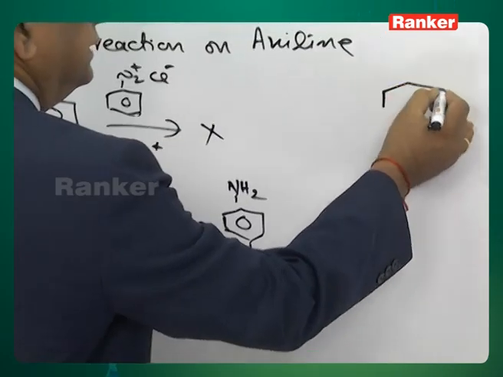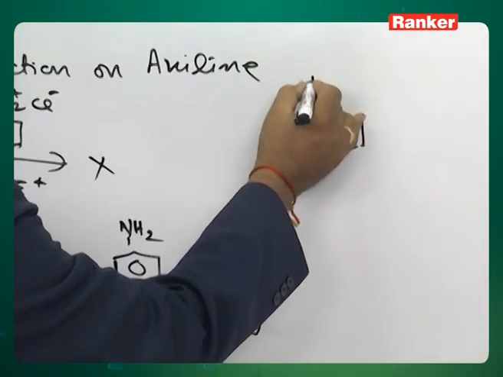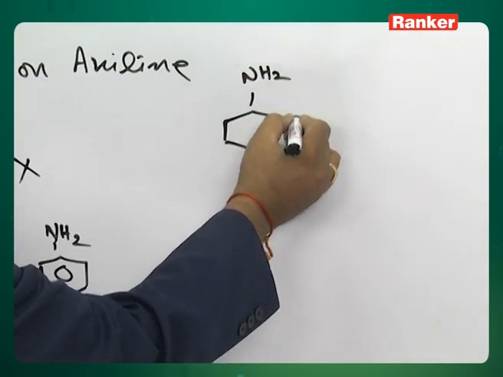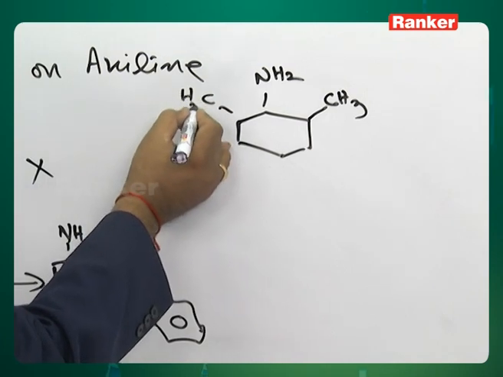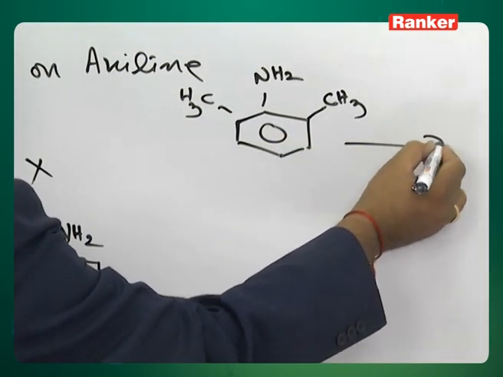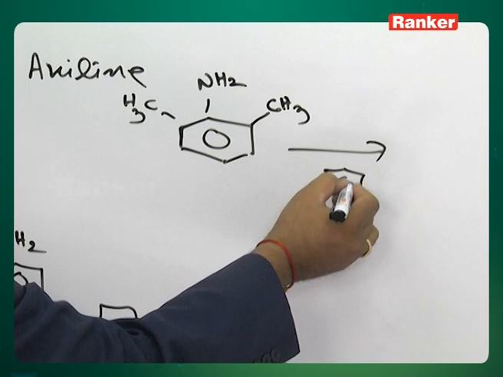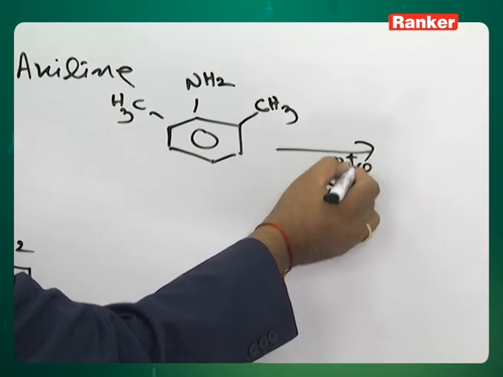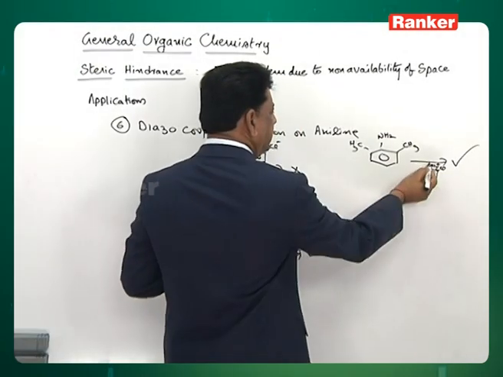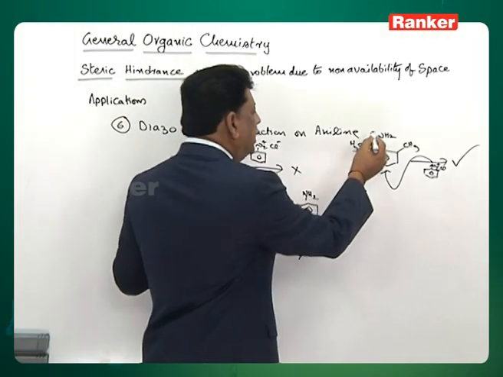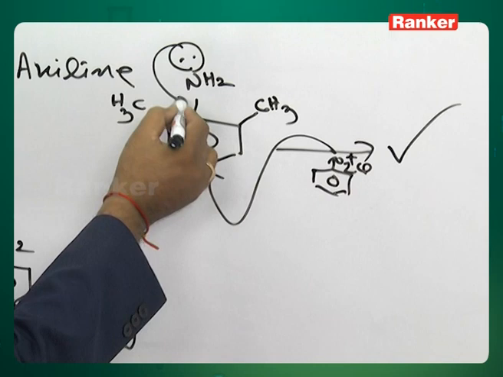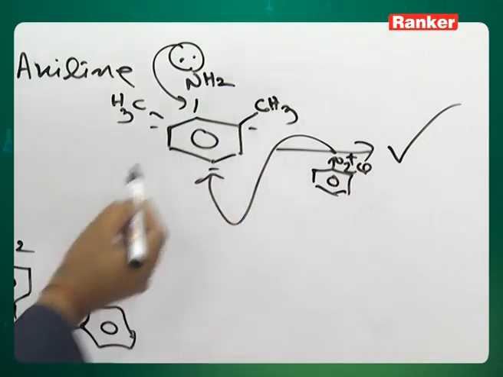Now, see the extension of this reaction. An aniline containing two methyls on the ortho positions. These methyls also will not hinder the reaction when I add the diazonium chloride, N2+ Cl-. Excellent reaction taking place. The electrophile will attack here. So, still the lone pair on the nitrogen will be activating ortho para.